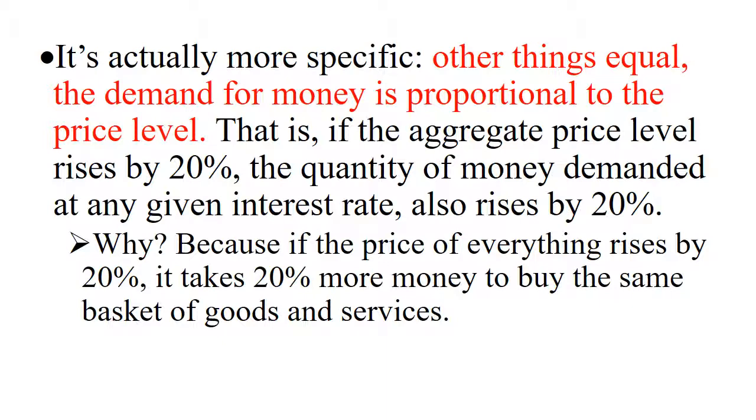I think that's a pretty logical connection. If all prices in the economy decreased 5%, then you would need 5% less cash. Your money demand would decrease by 5%. So whatever happens to APL, money demand moves the same direction and the same amount.